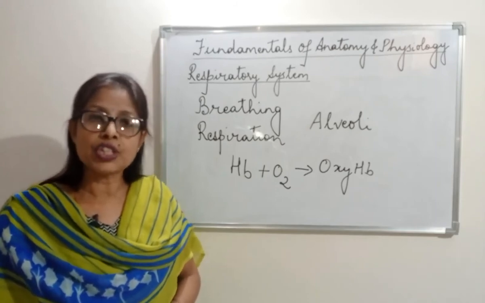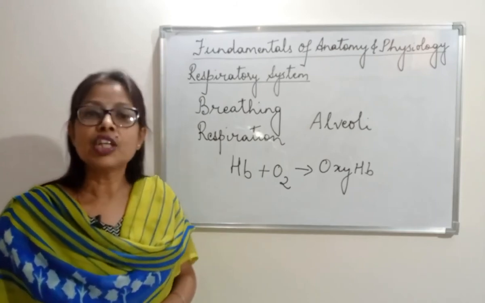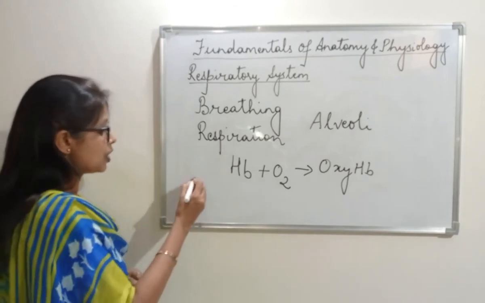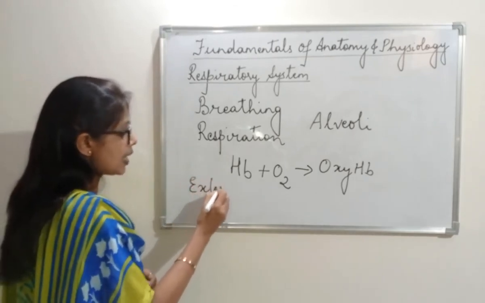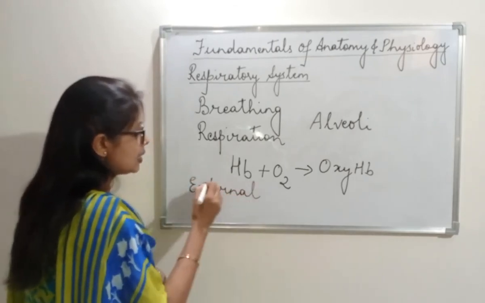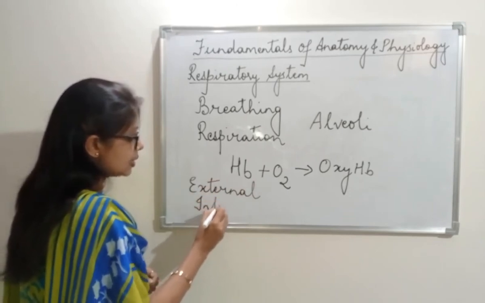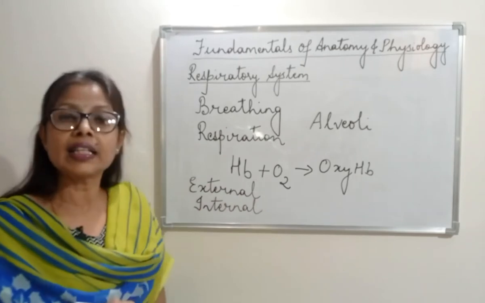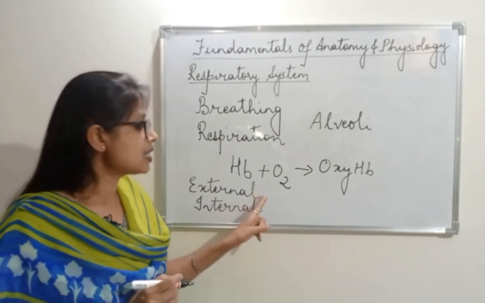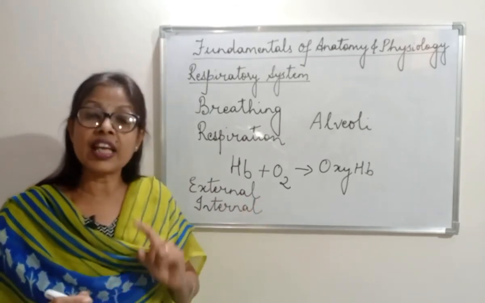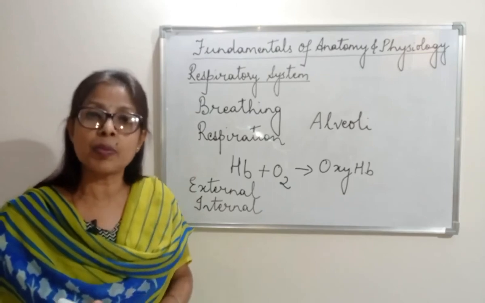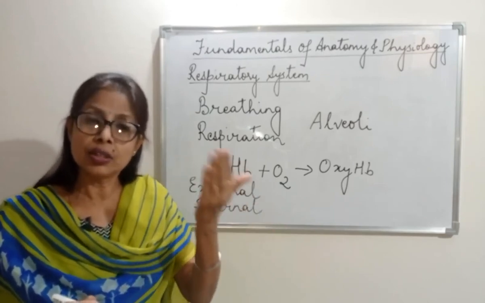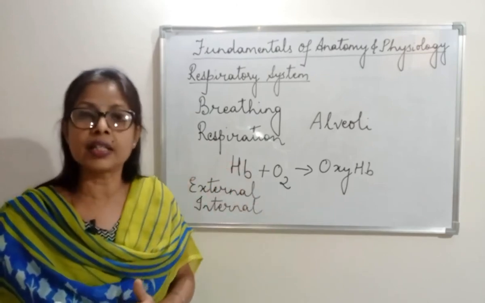In respiration, we again study two types of respiration. One is external and the other is internal. What is the difference between external and internal? External respiration is when exchange of gases takes place from outside the body to inside the body.